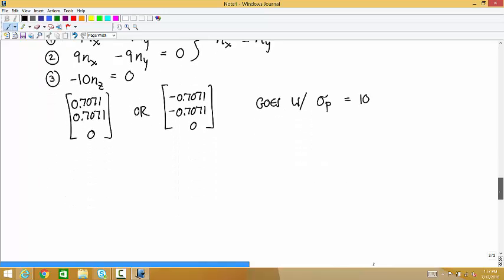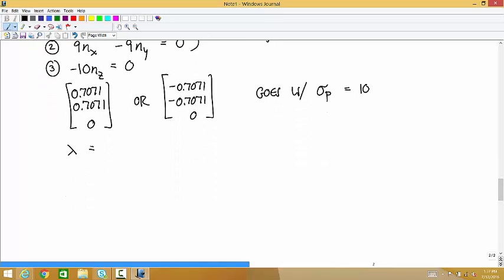Okay, so now let's do it with lambda equal to negative 8. So 1 minus negative 8 is positive 9. Then we have 9, 0. Second row we have 9, positive 9, 0.